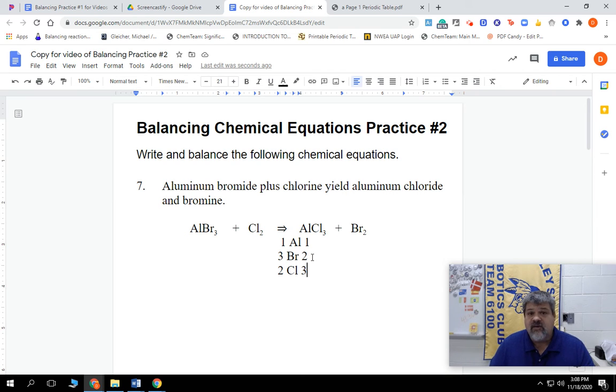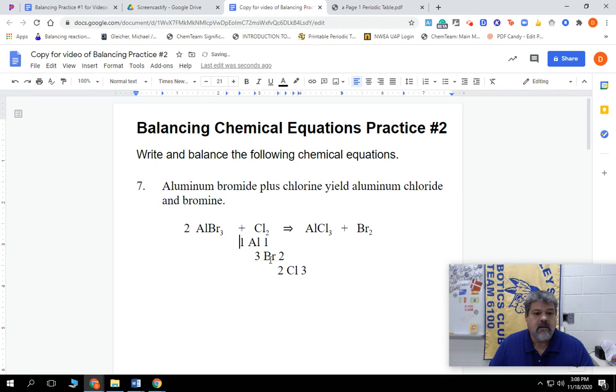So what's a number that each one can go into? That would be 6. So I'm going to change this to a 2, and now I have 6 bromine.